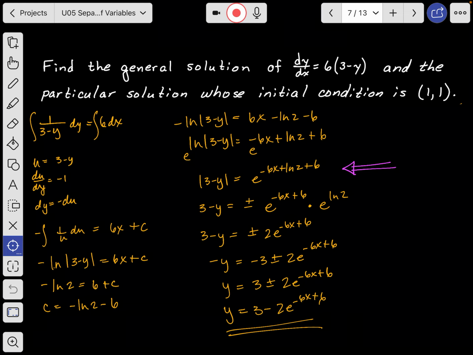Okay, sorry about that. And then we're getting the c by itself, so I subtract the 6. So there's my c value. All right, so I plug my c value in right here. And then I'm going to divide both sides by the negative to get rid of it on the left, and then exponentiate both sides.